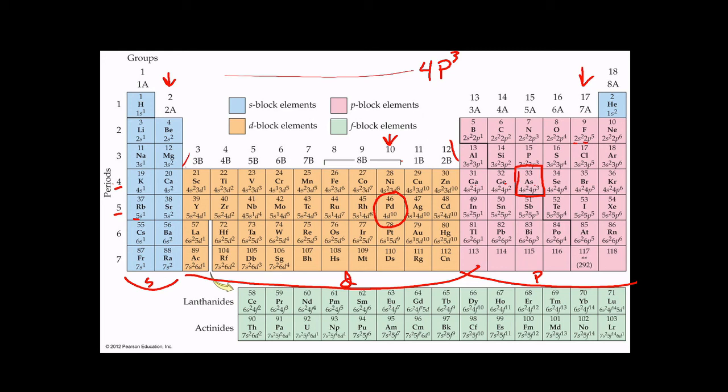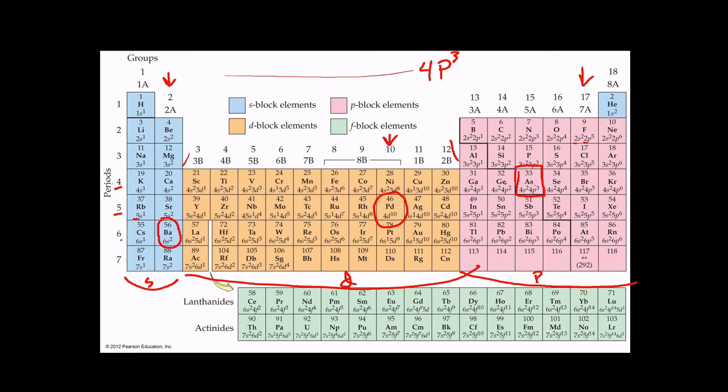So just as another example here, if we wanted to write the electron configuration for barium, you would find barium on the periodic table. It's right here.